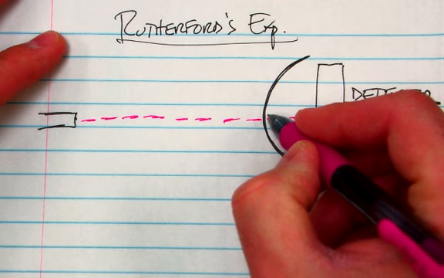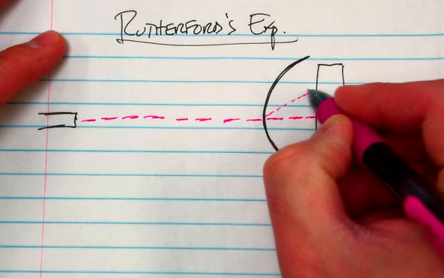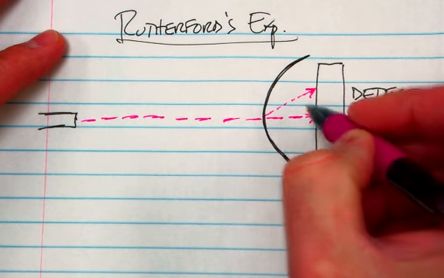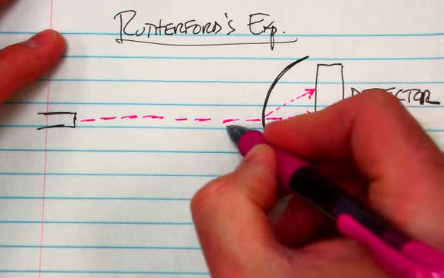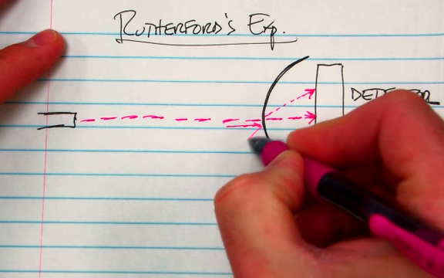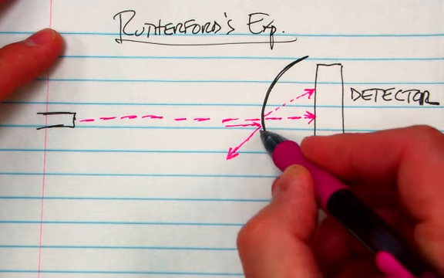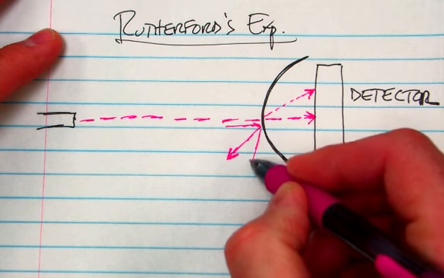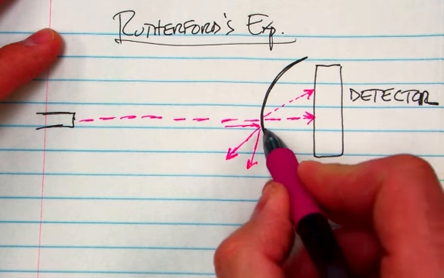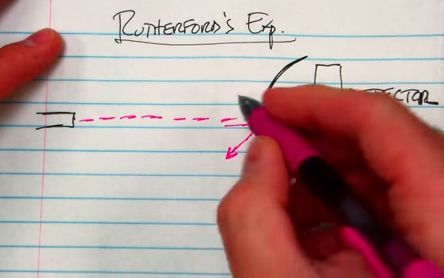Some of them kind of deflected and hit in different spots here. Some of them, when the alpha particles hit, they actually didn't get through and they kind of bounced back. Or they didn't get through and they kind of bounced off to the side. Some of them went a little bit more of an angle here.